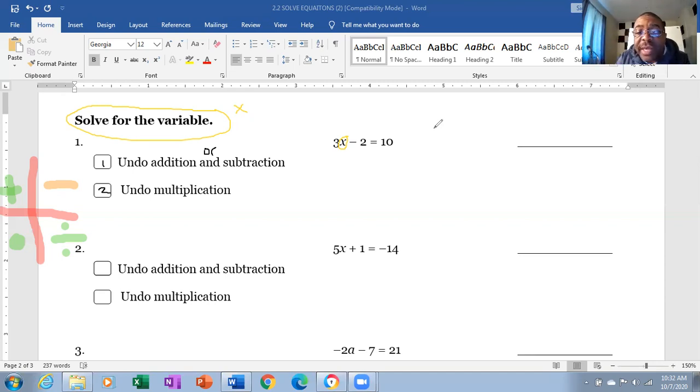So somebody read 3x negative 2 equals 10. It's the same thing. All right. What's the opposite of subtraction? The opposite of subtraction is addition. So what we're going to do is add 2 to both sides of the equation.